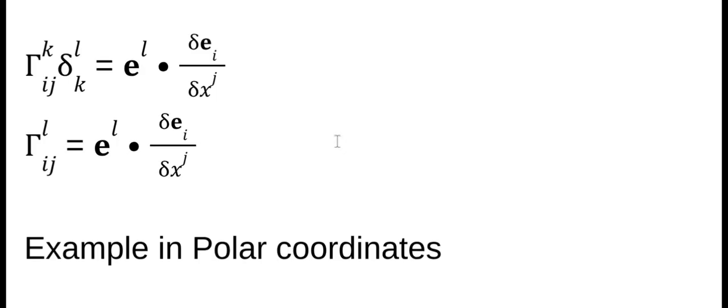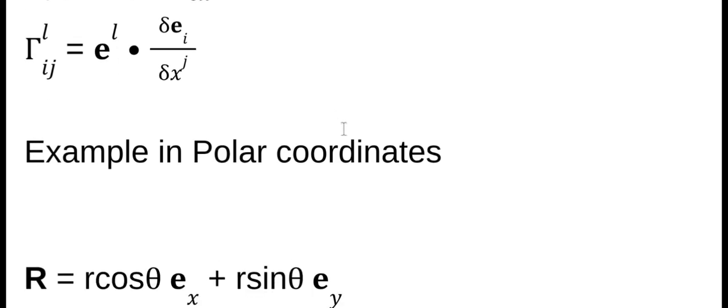So there it is. So now we have an expression that we can use because the Christoffel symbol is isolated. And notice we have 3 free indexes here, L, i, j. There are no summation indexes in here, okay? So let's take an example in polar coordinates, and let's do a quick review. What are the basis vectors in polar coordinates?